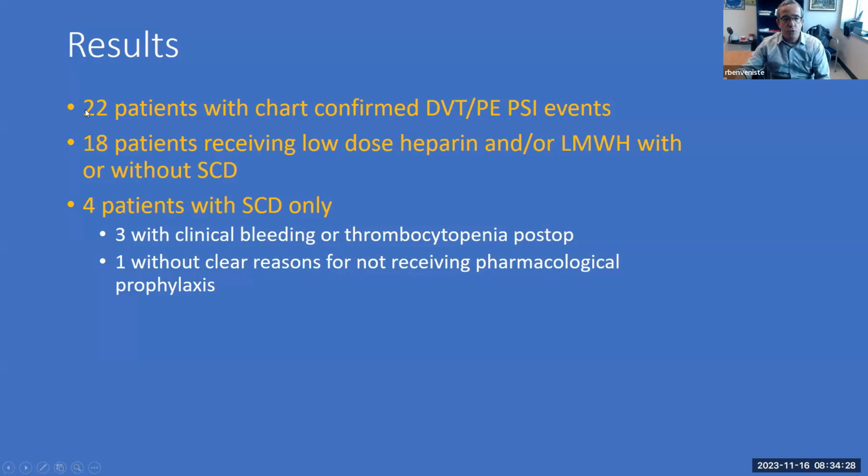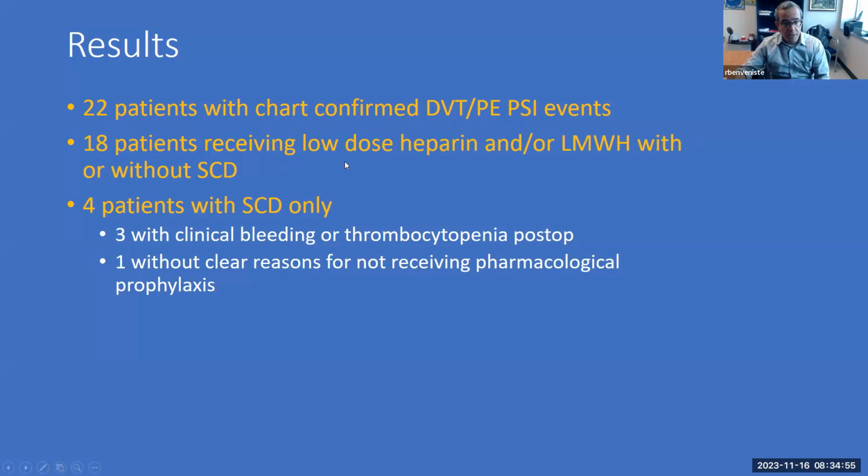So we found 22 patients with chart-confirmed DVT-PE. Of those Medicare patients with chart-confirmed DVT-PE, 18 of them at the time of the DVT were receiving low-dose heparin or low molecular weight heparin with or without sequential compression devices. And in almost every case, this was started on postoperative day number 1, especially in our spine patients.